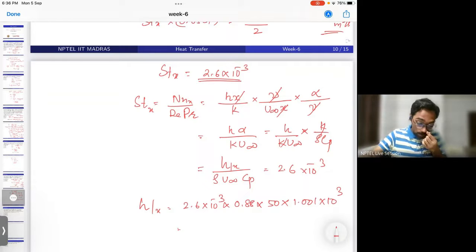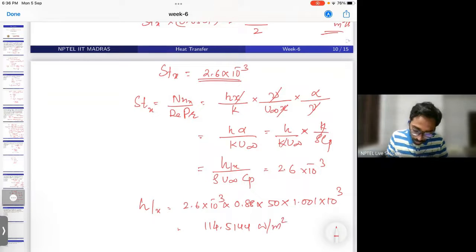So what is this answer? 2.6 into 0.88 into 50 into 1.001 into 10 raised to 3. So the heat transfer coefficient at that point will be 11.4 watts.